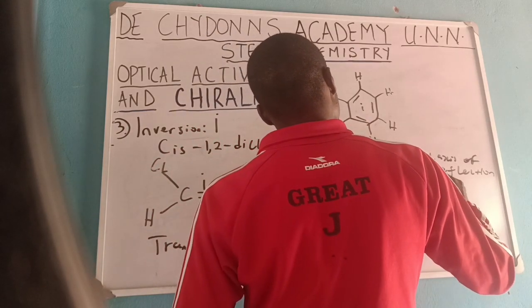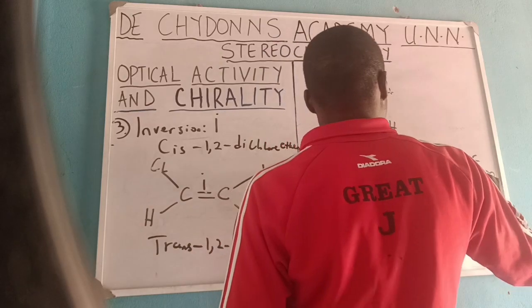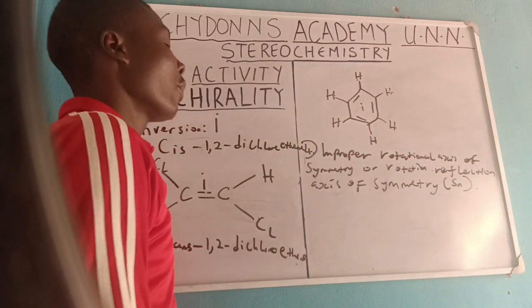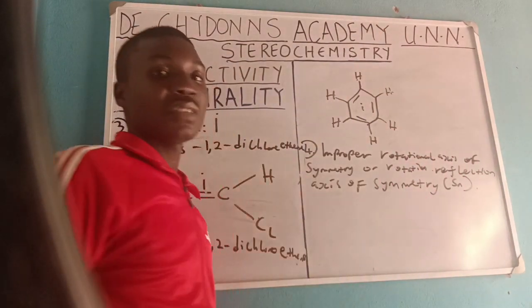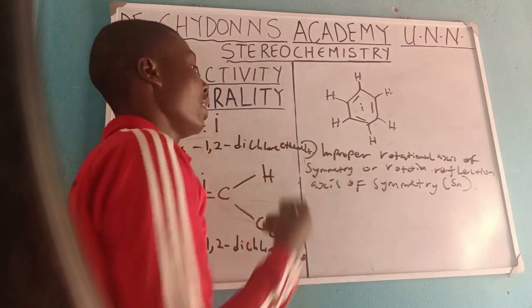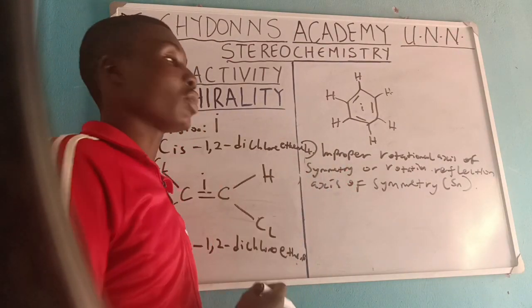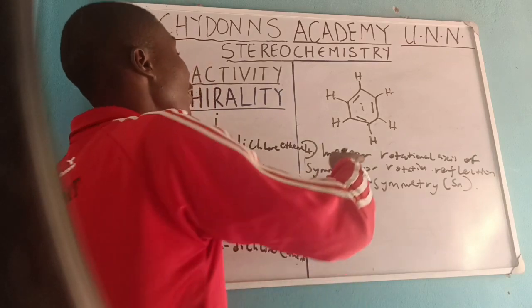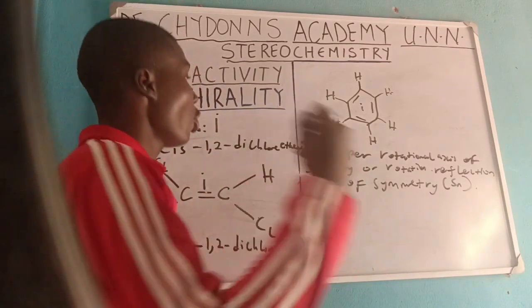Now this is represented by the symbol Sn. For the purpose of this particular tutorial, we're not going to be going deep into this because it's going to be quite complex and will not really serve the purpose for which you are doing this tutorial. So you could always request if you need more explanation on this.